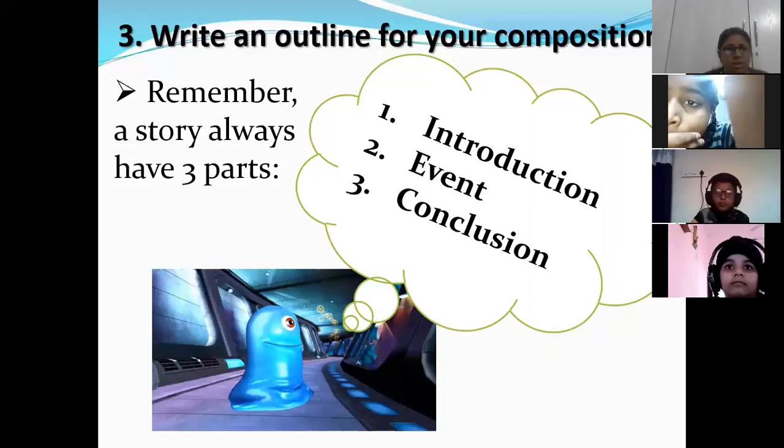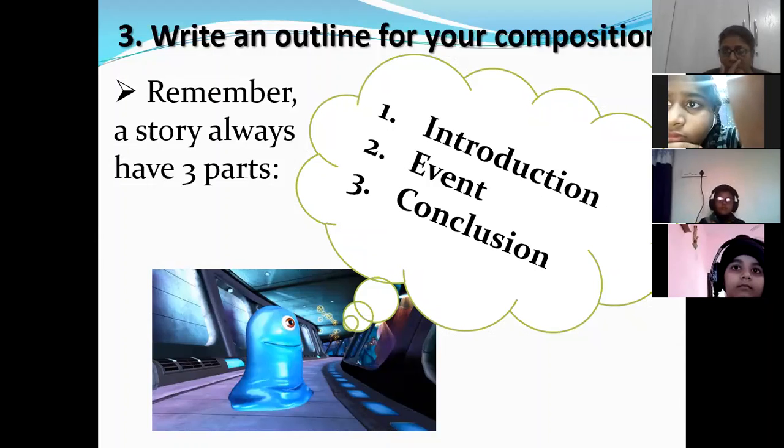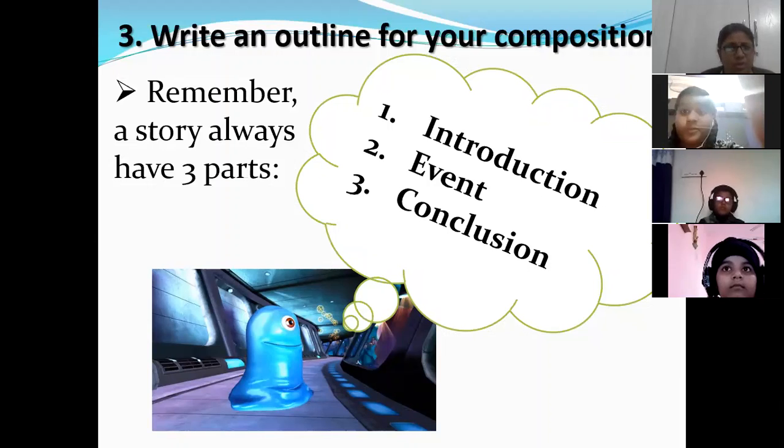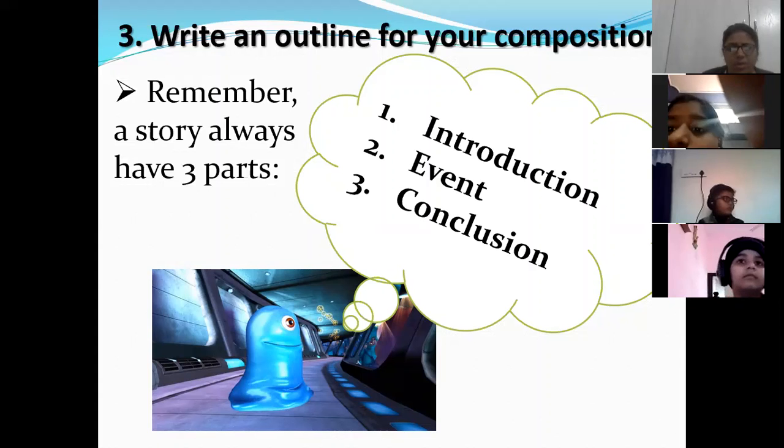You should always remember that a story always has 3 parts, because when you are seeing a picture, it is also telling some story. So whenever you are writing a composition regarding a picture, it has 3 parts. The first one is introduction, the second one is event, and the third one is conclusion. Introduction is the first part, event is the middle part, and conclusion is the last or ending part.